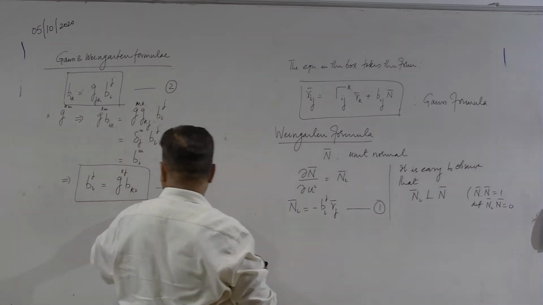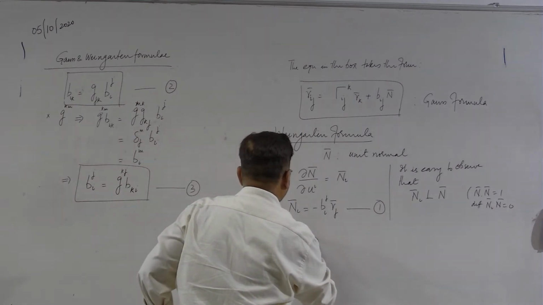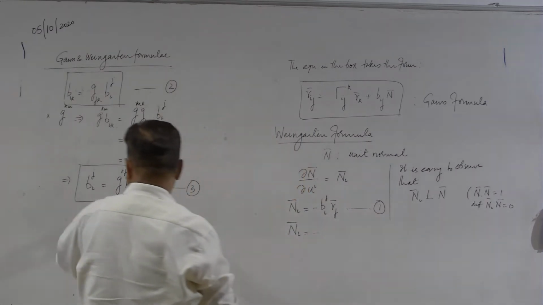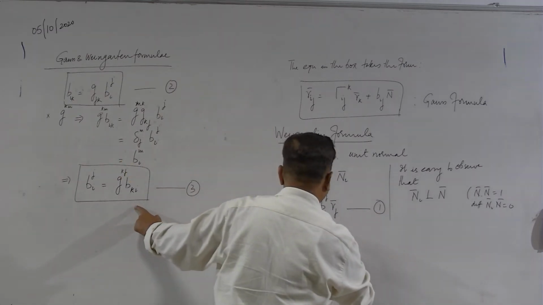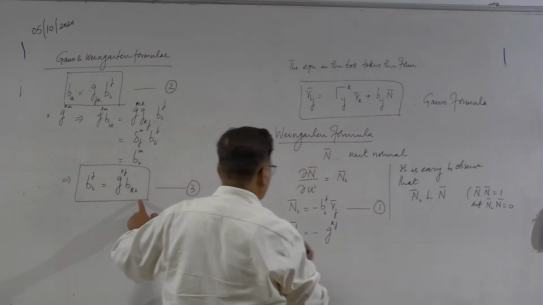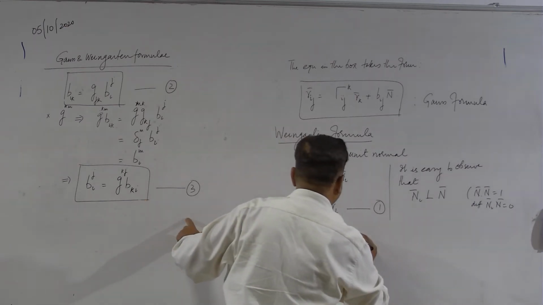So, with this value from 3, equation 1 will give you n I equal to minus B j I means G K J into B K I into R J.